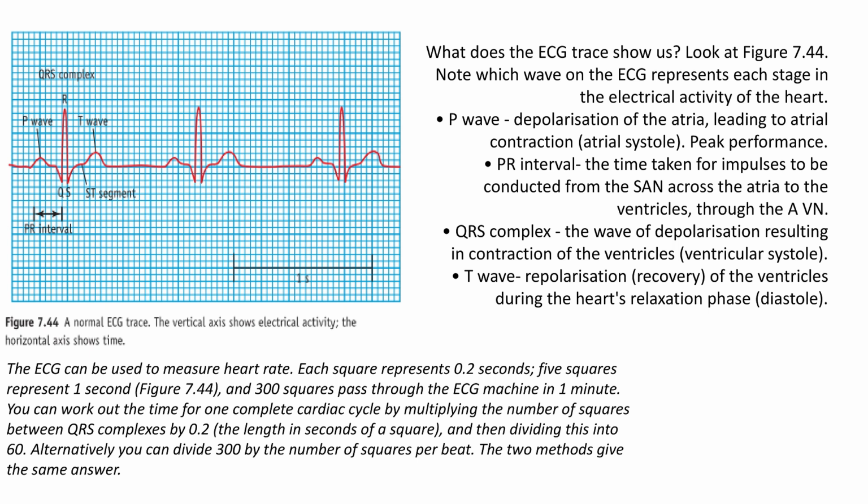After the ventricular systole has occurred, the ventricles are in a relaxation state after the blood has been completely pumped out of the ventricles, and this phase is called diastole.